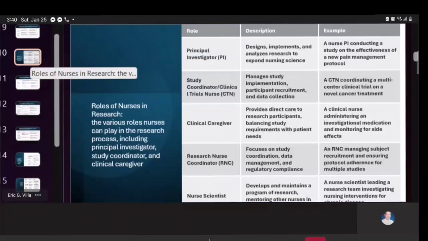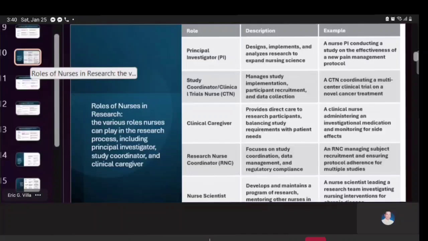A research nurse coordinator might oversee multiple studies simultaneously, at the same time managing the logistical aspects of participation, such as screening of participants, enrollment, and even follow-ups across various research projects.